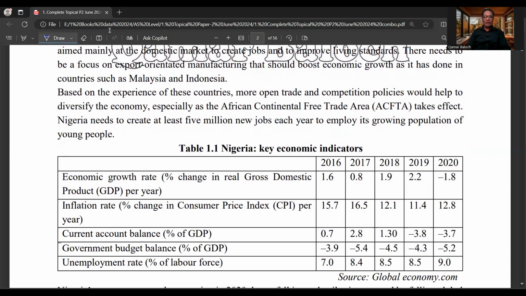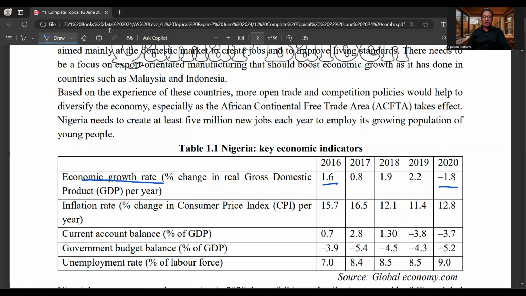This is a really important thing to take into account whenever any kind of data, like a table or graph, is given in the question. You must be able to read it carefully and interpret the values given in this data. For example, economic growth rate in 2016 is 1.6% and in 2020 it is minus 1.8%.